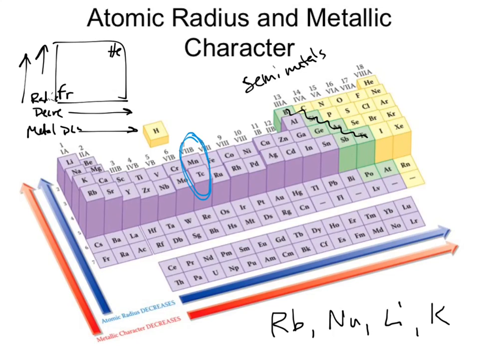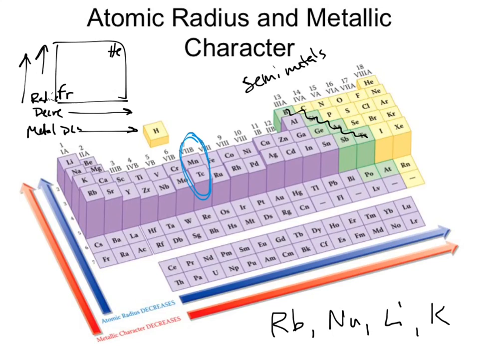We're moving from metal to non-metal. So if we look at our left to right transition, as we move through that, metal, metal, metal to non-metal. Which is more metallic, the left side or the right side of the periodic table? Left side. If we go up, metal, metal, metal, metal, that's a bad column.